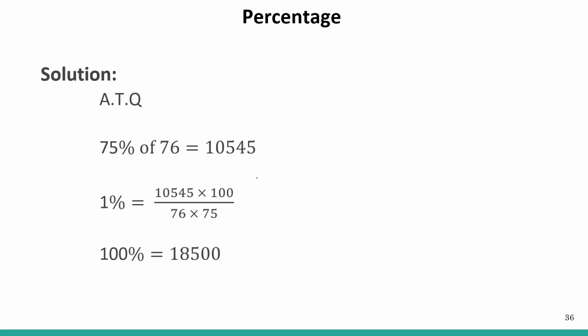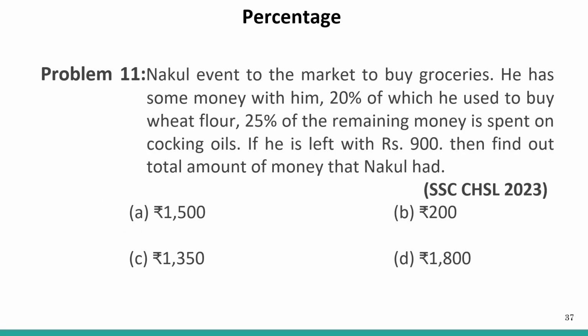So 75% of 76 is equal to 10,545. So 1% will be this divided by this, and 100% is equal to 18,500. Okay, so let's see problem number 11.